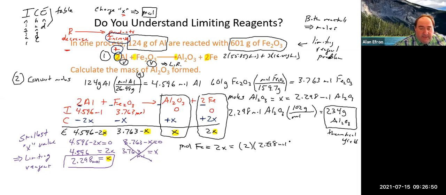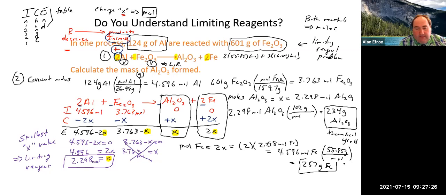So if we put in our same X value, 2.298 moles, that tells us that in addition to our aluminum oxide, we would produce 4.596 moles of iron. If we wanted how many grams that would be, we could go to the periodic table and see iron is 55.85 grams per mole, and we would produce about 257 grams of iron.